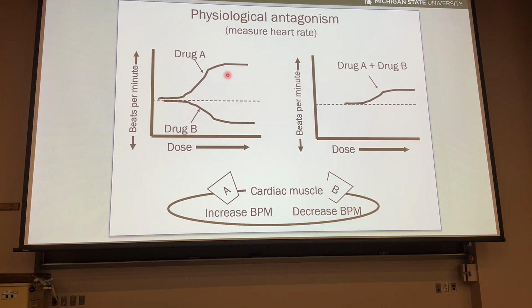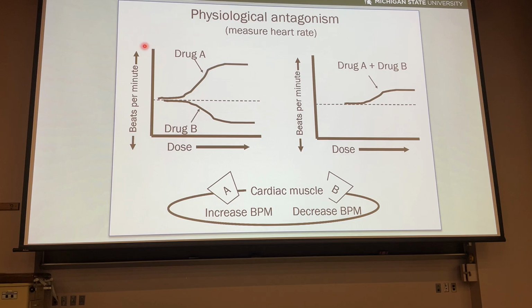Physiologic antagonism, a bit more involved. Here we have two different drugs and two different receptors, okay? But the two different receptors actually act on the same physiologic process. We're talking measuring heartbeat here.